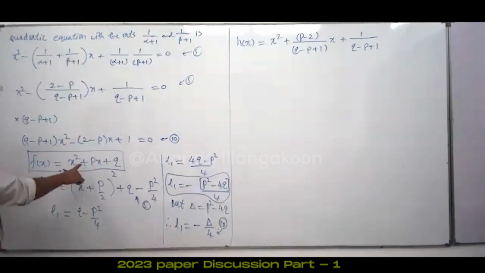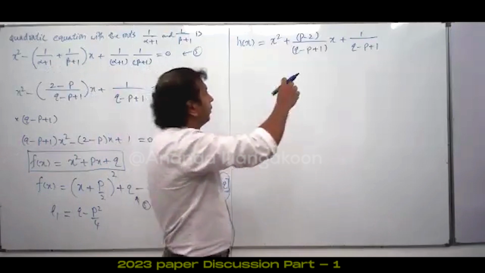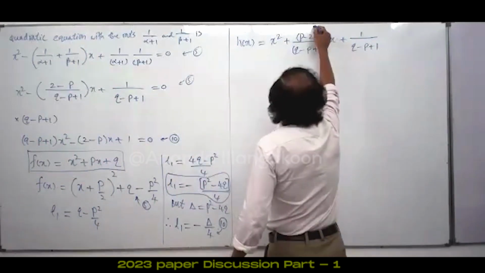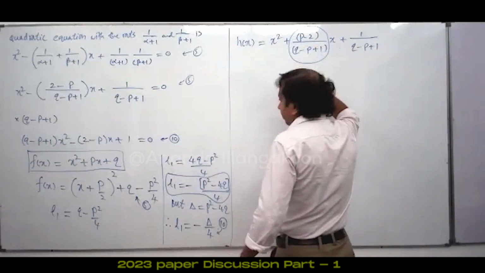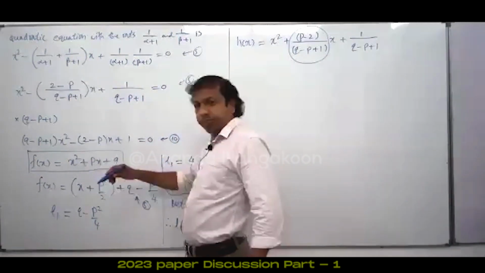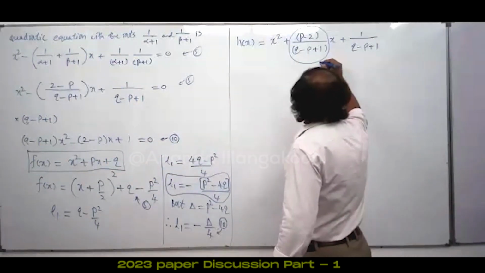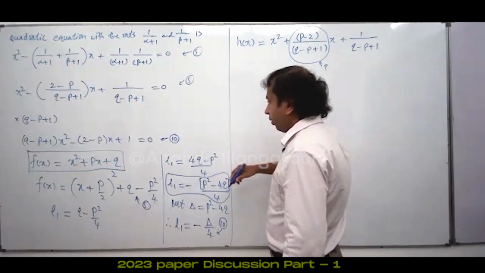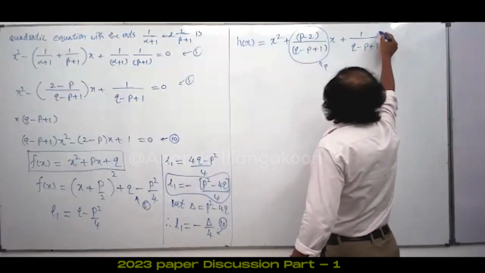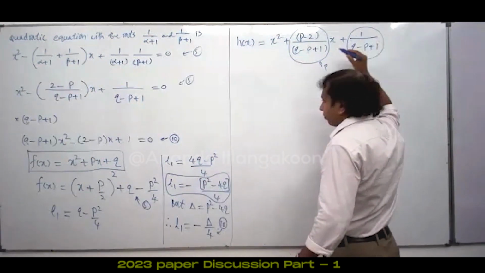Then compare this and this. This is the x coefficient, here p. Right. This is the constant term, as q.